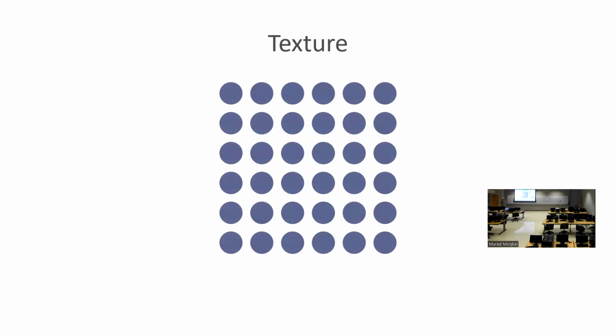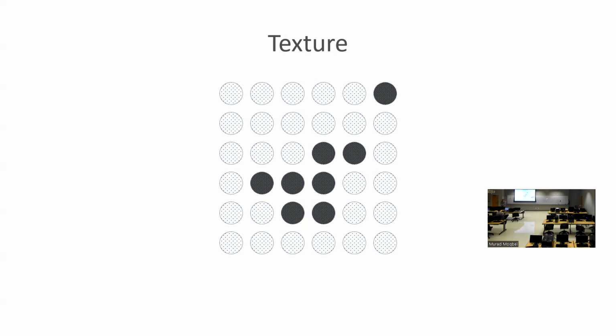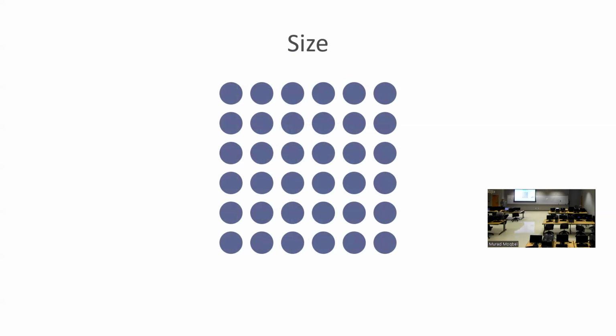Texture, we use that to compare different values for categorical values. Right, so we have here the dark picture versus the grayed out. Size, we use size also to compare continuous variables or quantitative variables, right? So the size here we can compare, this is larger, this is lower, but unfortunately it doesn't tell us the exact difference between them.